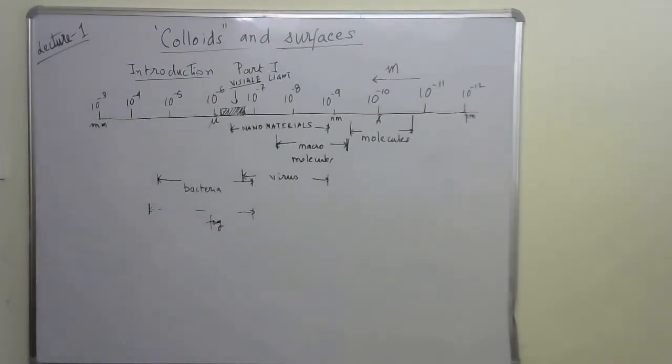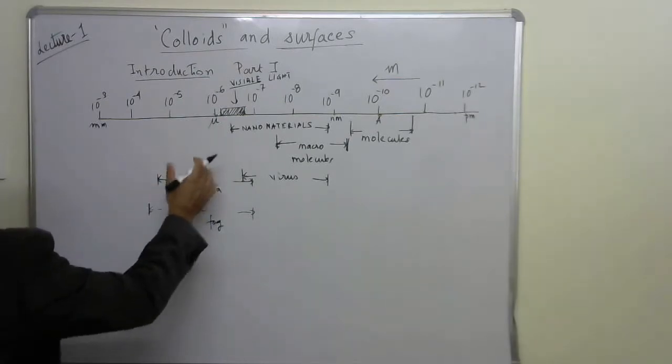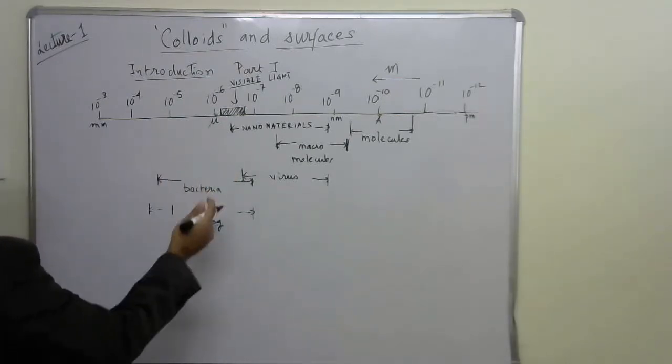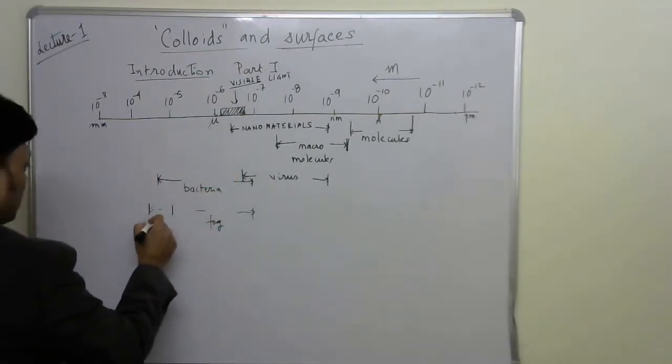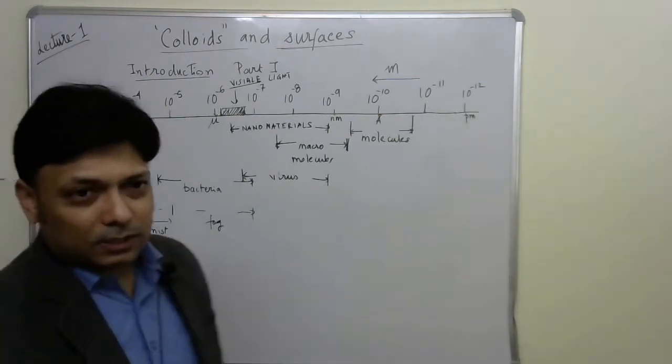So it has a typically large size range, and towards the higher part, from 1 micron to a few tens of microns, that area is occupied by another thing called mist.